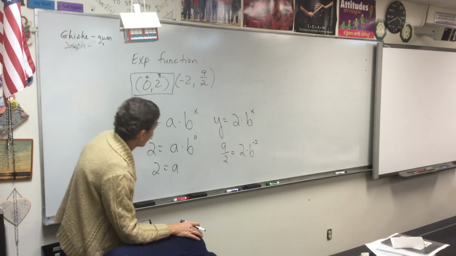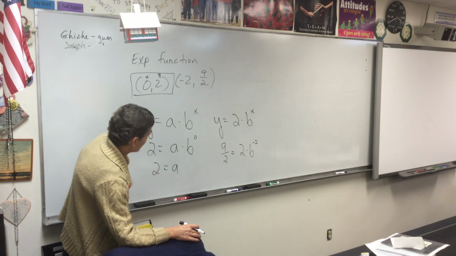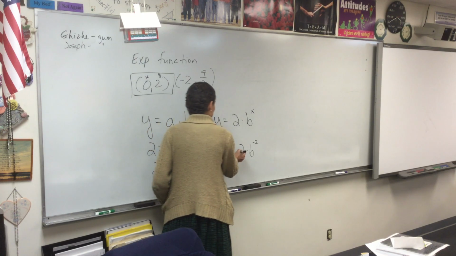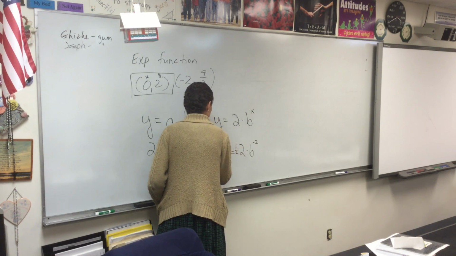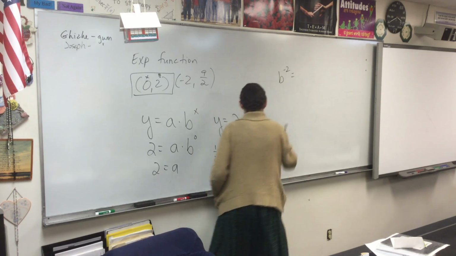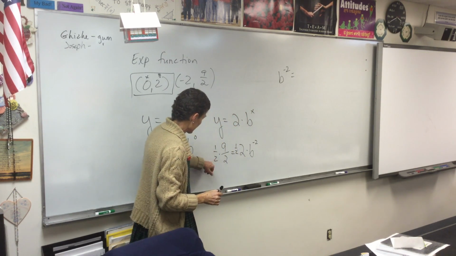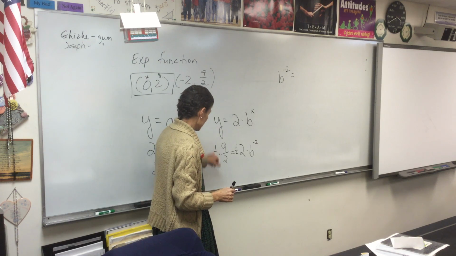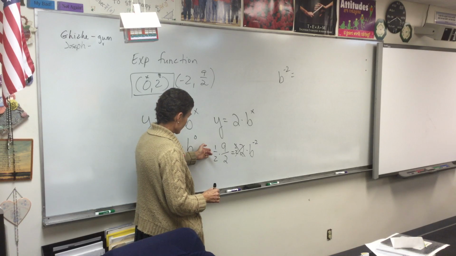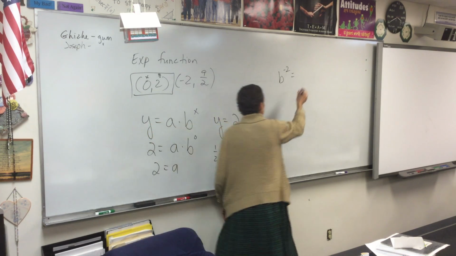Okay, how would I go about solving that? Divide by 2. Since fractions are involved, I think I'll multiply by a half. It's easier for me. So I have b to the negative 2nd equal to what? These cancel, I multiply by half. 9/4.